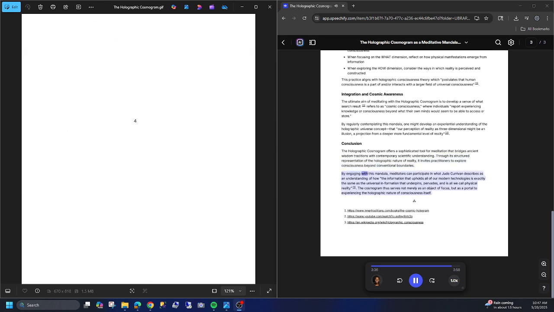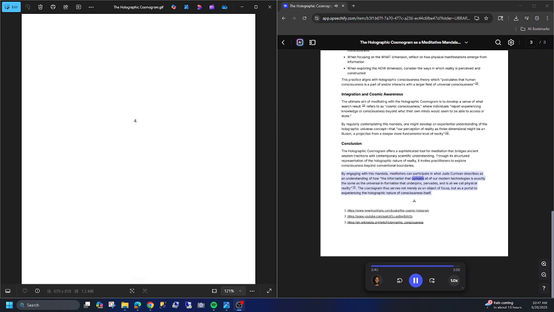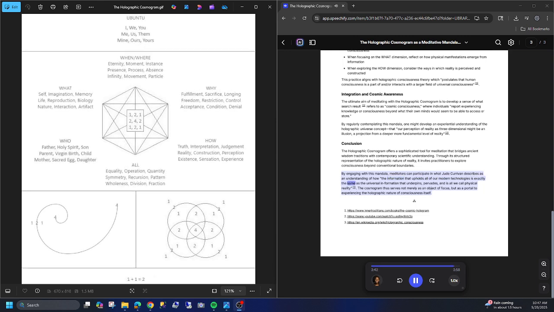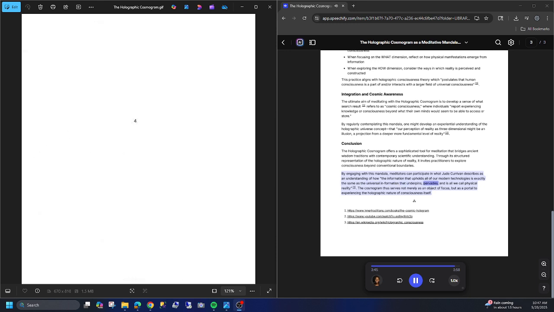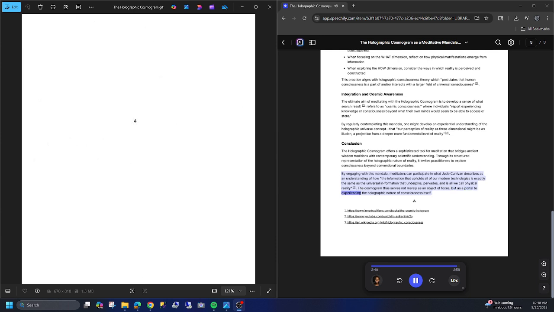By engaging with this mandala, meditators can participate in what Jude Currivan describes as an understanding of how the information that upholds all of our modern technologies is exactly the same as the universal information that underpins, pervades, and is all we call physical reality. The cosmogram thus serves not merely as an object of focus, but as a portal to experiencing the holographic nature of consciousness itself.